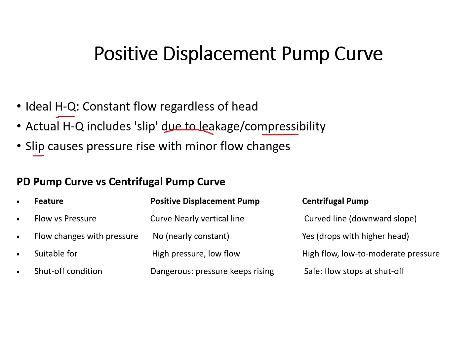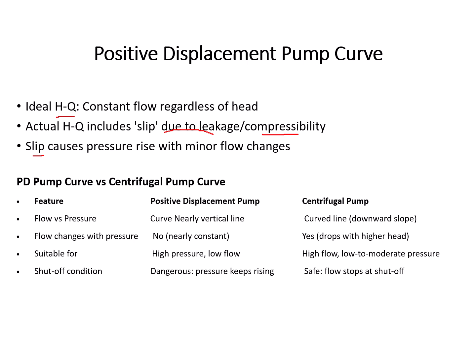Flow versus pressure: in the centrifugal pump, as we just discussed, it is a curved line, an inverse relationship with a downward slope. For the positive displacement pump, as we will see in the next slide, the curve is nearly vertical.